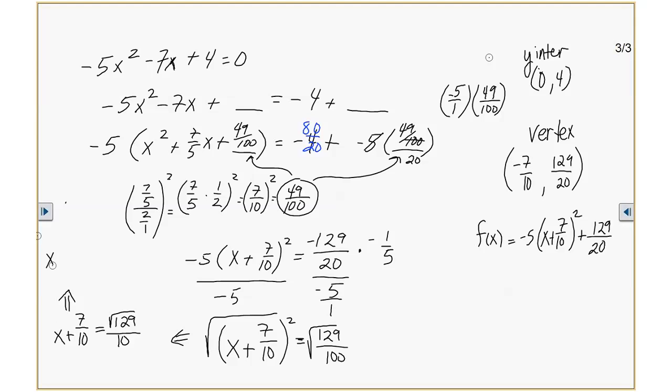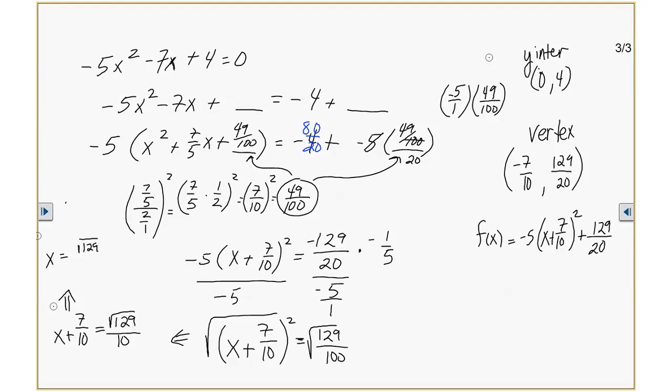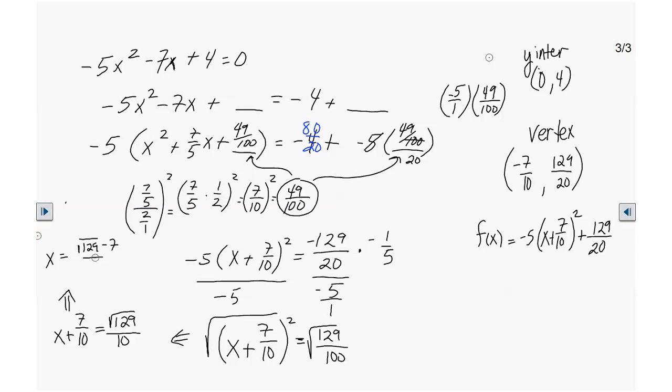Sorry. X is equal to square root of 129 minus 7 over 10.